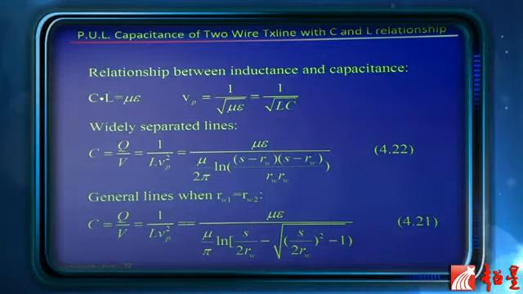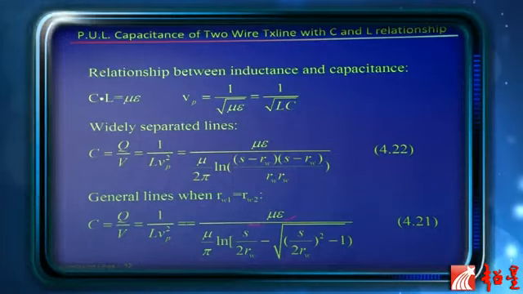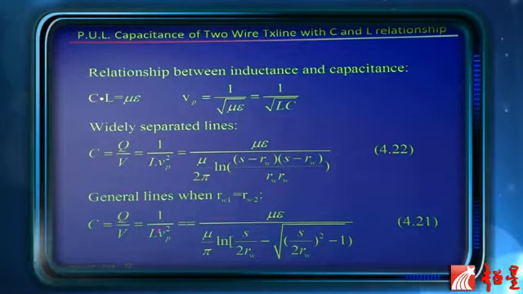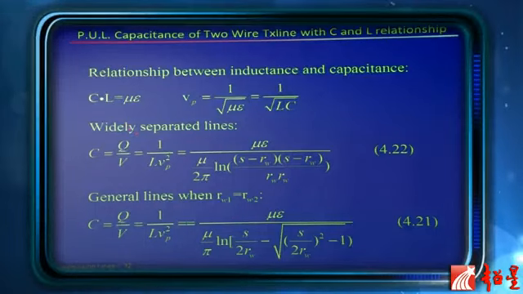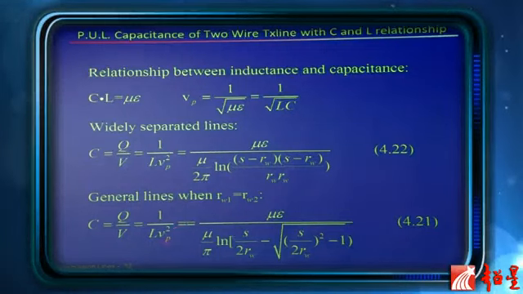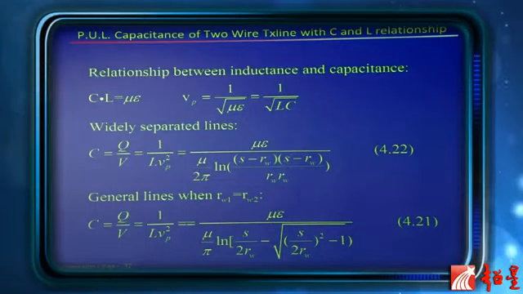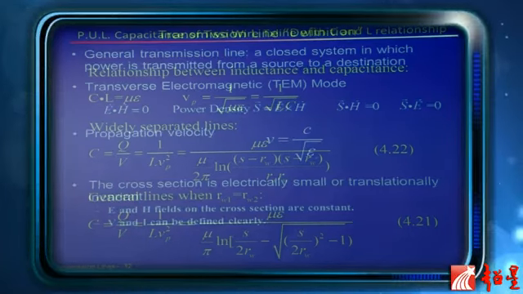Okay, and this formula is from this textbook by Clinton Paul, but there's no derivation. So what if the lines are widely separated? You have this expression, but if they're not, you have another expression, which actually is approximation, very much approximation. Okay, all right.